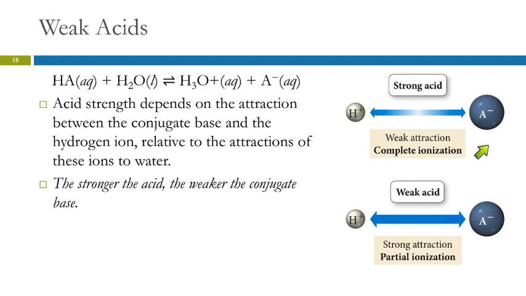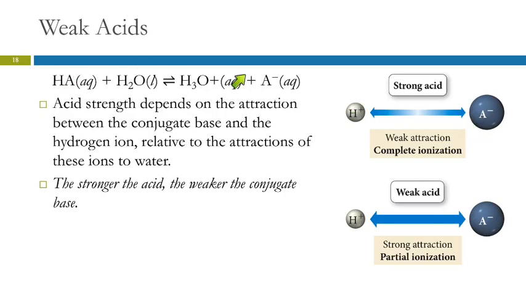In a weak acid, there's a much stronger attraction between the hydrogen ion and its conjugate base. And so many of them will remain together, only some of them will separate. So the stronger the acid is, the weaker the conjugate base is. If we have a strong acid, here, this is the conjugate base, right?